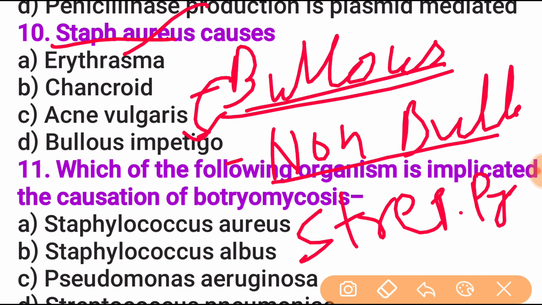So remember, impetigo is of two types, bullous and non-bullous. Bullous is caused by Staphylococcus, while non-bullous is caused by both Staphylococcus and Streptococcus pyogenes. So the right answer is bullous impetigo.